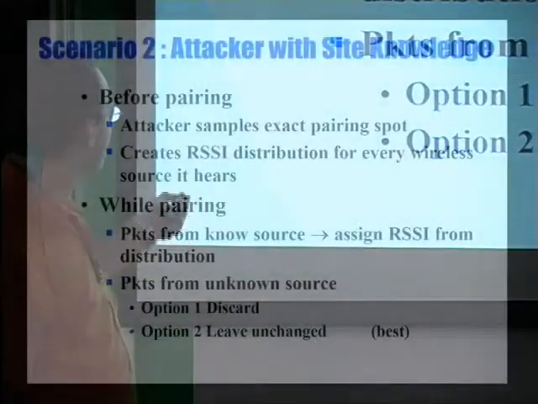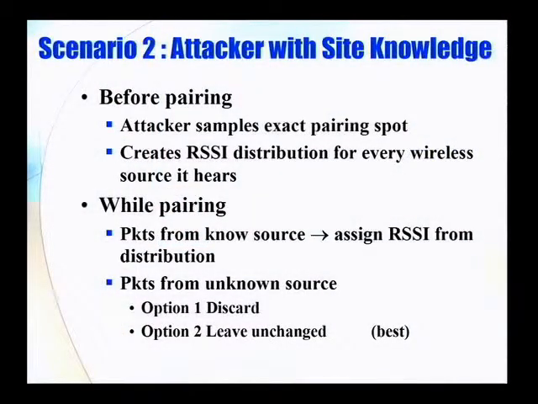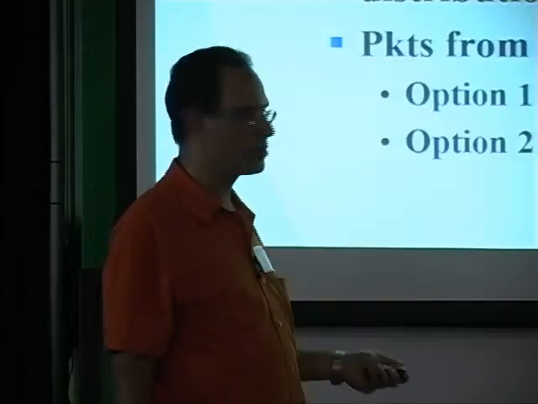So when the pairing actually occurs, as the device that is farther away hears packets, there are basically two possibilities. When packets are from a source that it knew, because it detected it when it surveyed the environment, it replaces the RSSI that it hears with one from the distribution.